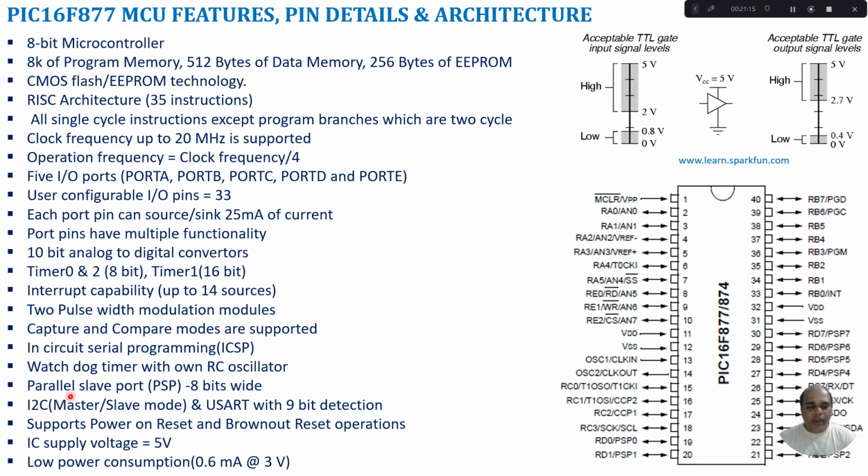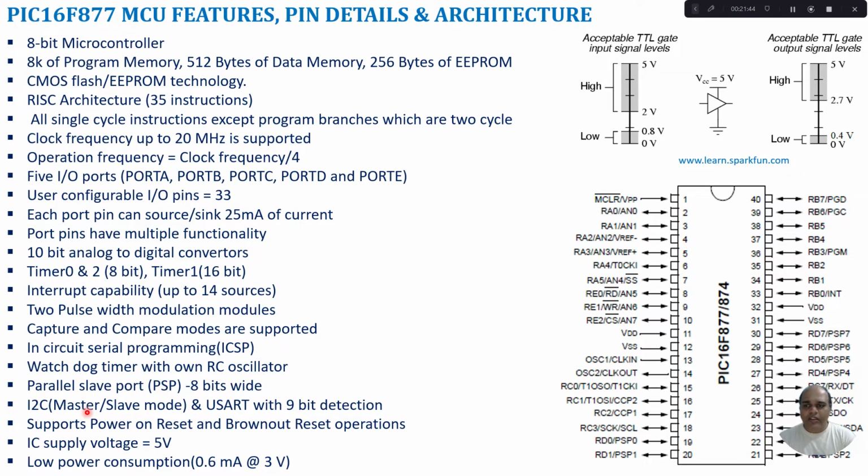Then we have a parallel slave port. I can send 8-bit data at a time using this parallel slave port. It also supports serial communication protocols such as I2C, SPI, and USART. I2C is inter-integrated circuits, where the data transfer can happen between master and slave devices.